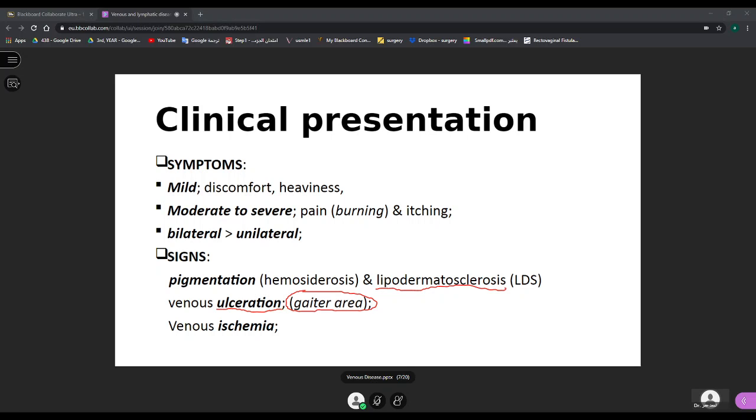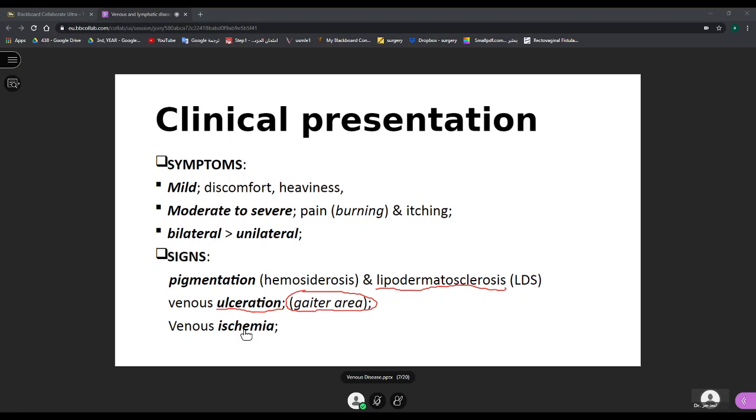Why is it called venous ischemia? Because the ischemia, which is arterial, is actually due to swelling in the lower limb and increased pressure within the lower limb secondary to venous disease. So in this case, venous disease may result in ischemia.